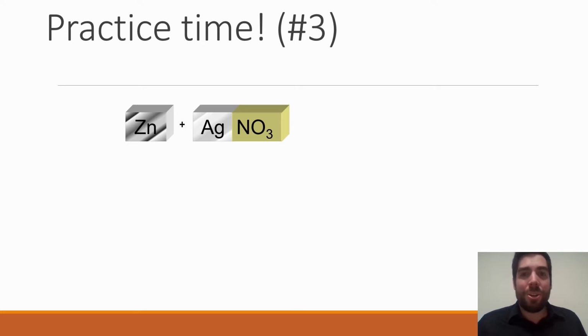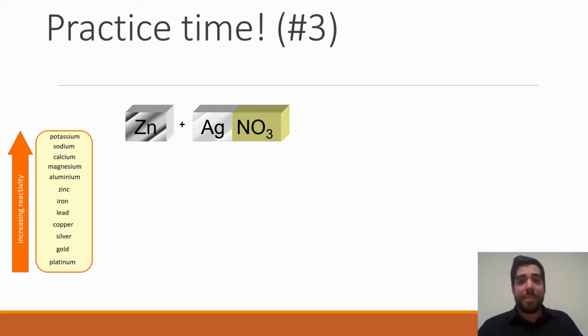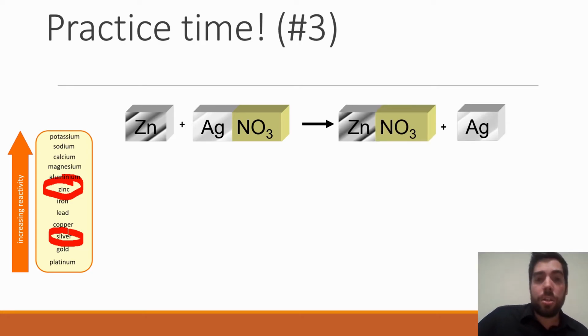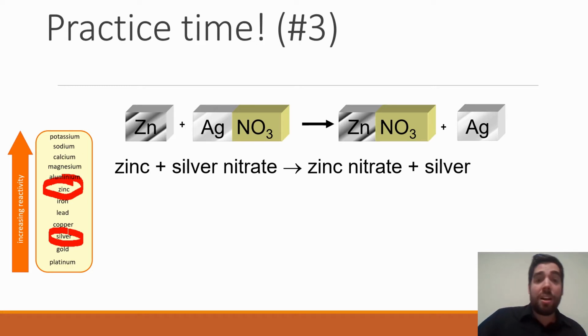Okay, so looking at the reactivity series, we can see that zinc, right here, is more reactive than silver. So zinc will displace silver, as we can see here. So it can be fully written out as zinc plus silver nitrate yields zinc nitrate and silver.